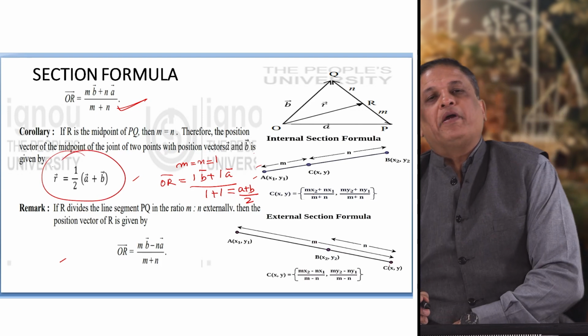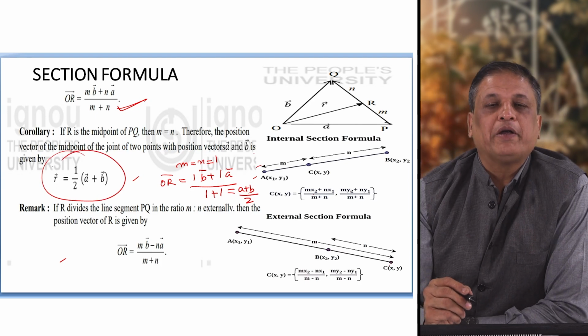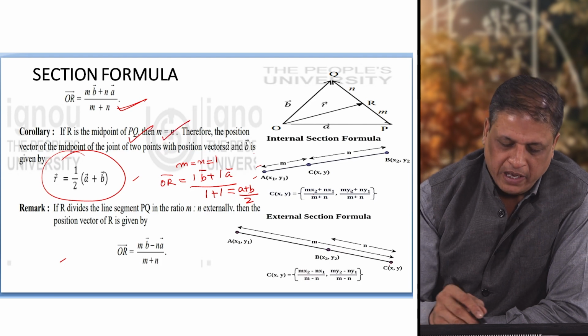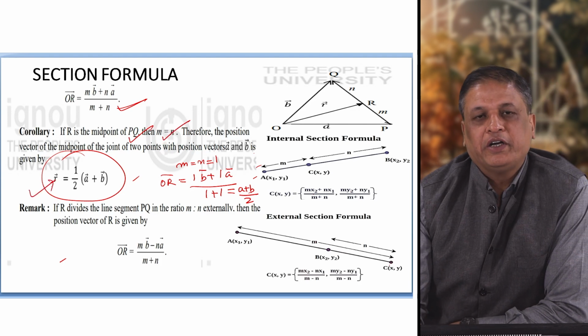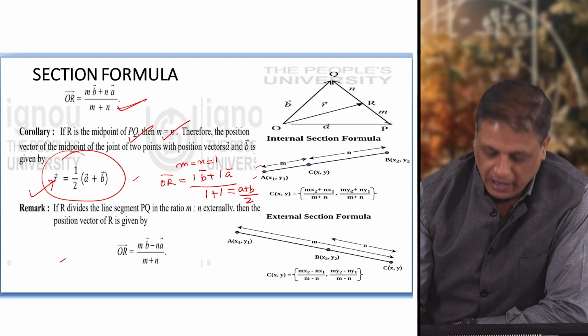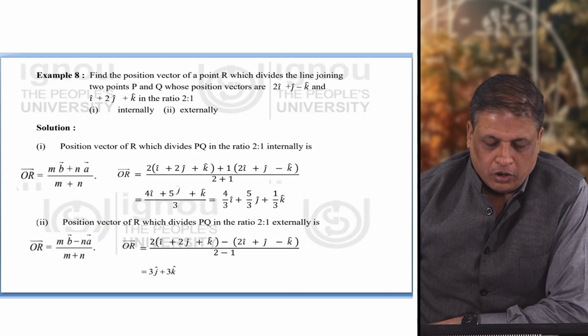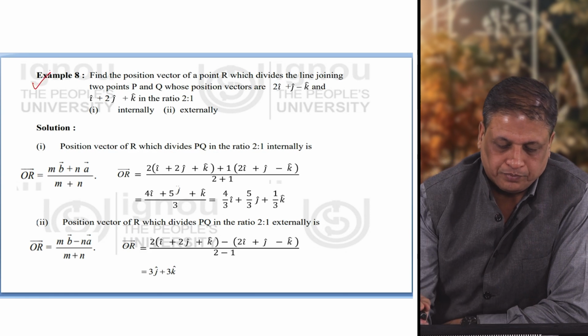So if R is the midpoint of line PQ, that is m is equal to n, then the vector R will be determined by vector A plus vector B by 2, that is the midpoint. Now, in order to understand this concept, let us solve some numericals.